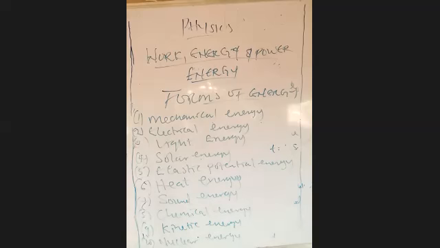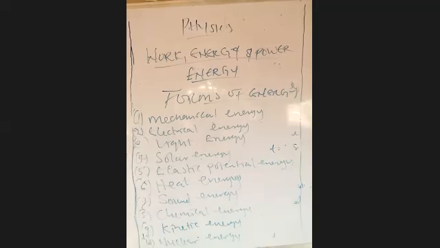Kinetic energy is associated with motion. And we have nuclear energy. Nuclear energy is stored in the nucleus of atoms. The rest of the energy forms that we will also look into: we have gravitational potential energy.